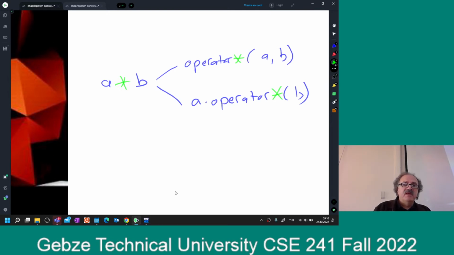So if you like this operator to work on your new class, then you either define this global function or this member function. That's it.